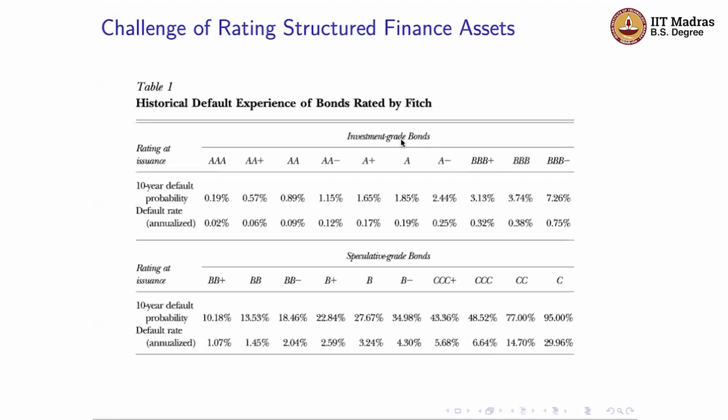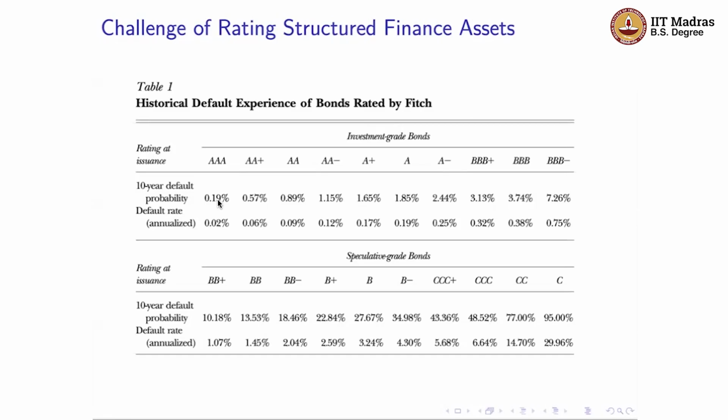In the investment grade bonds, you had the following categories: AAA, AA plus, AA minus, A plus, A minus, triple B plus, triple B, and triple B minus. All of these were investment grade bonds, and you can think about what each of them would have in terms of corresponding default probabilities.